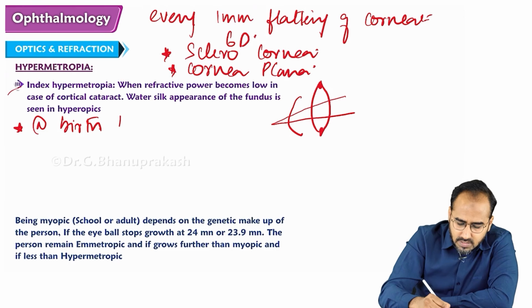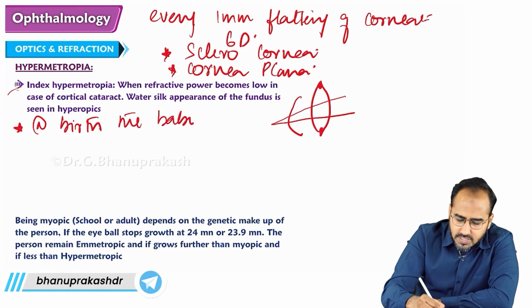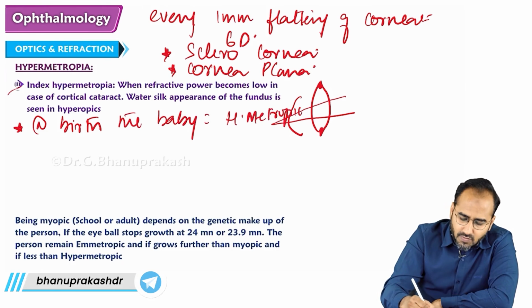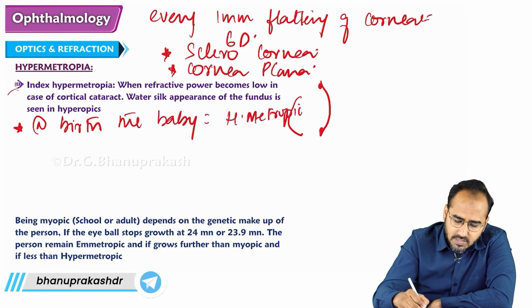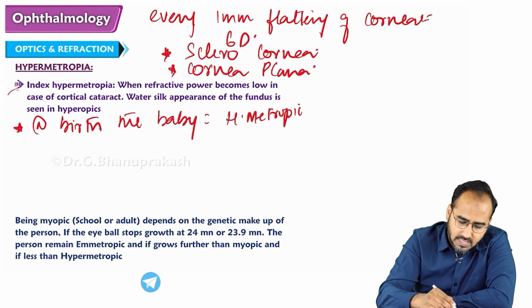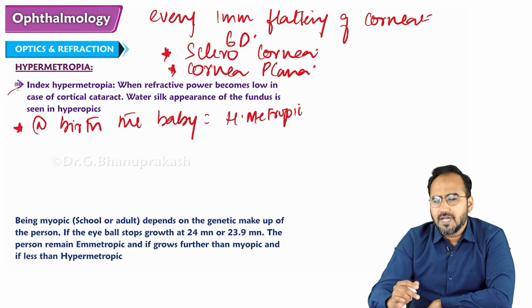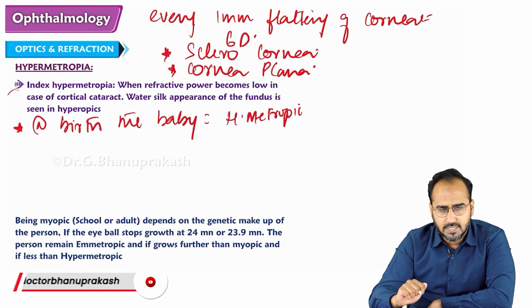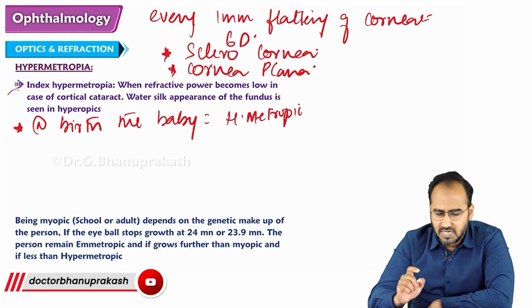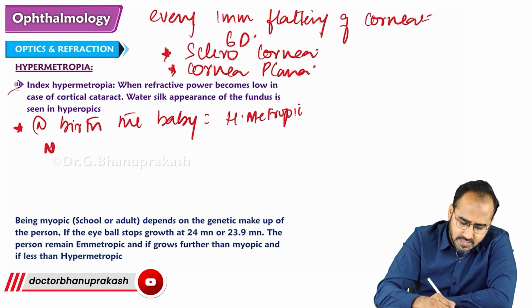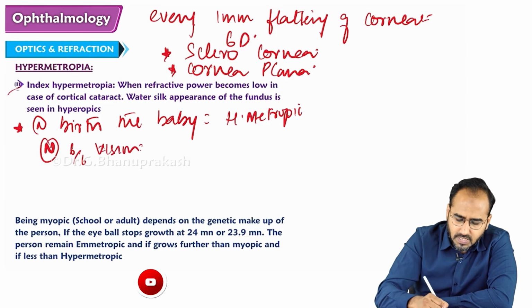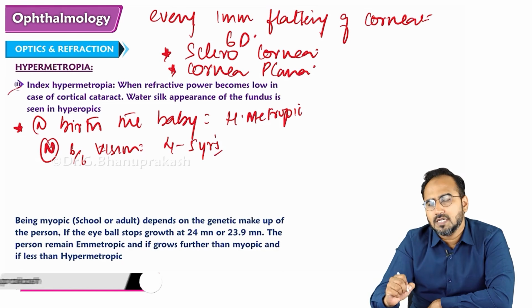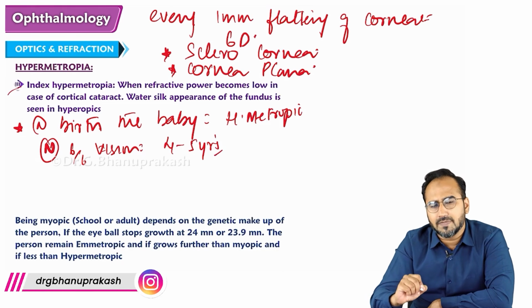They develop a normal 6/6 vision at least by 4 to 5 years of age.